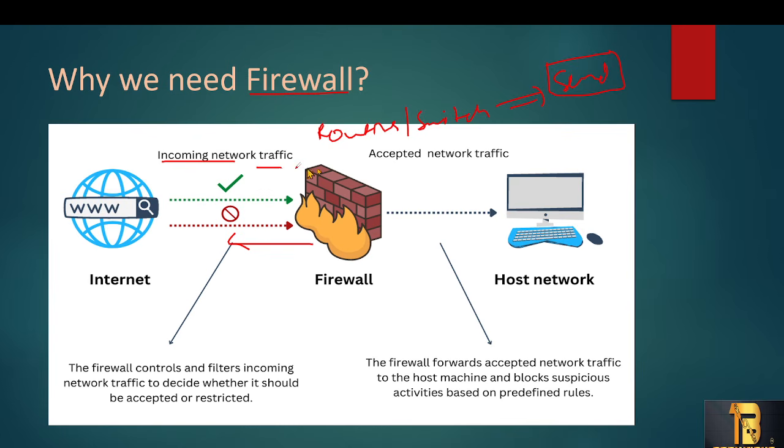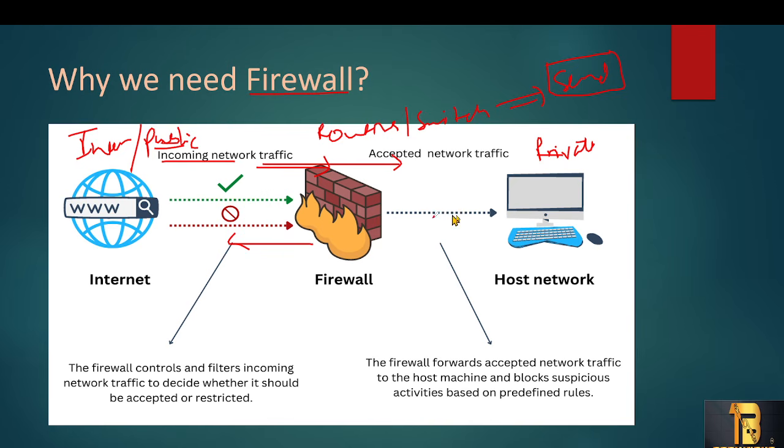Incoming traffic is nothing but, let's assume this is the internet, or we can call it public. This is your inside network or private network. Whatever traffic comes from public to private will be called incoming or inbound traffic.